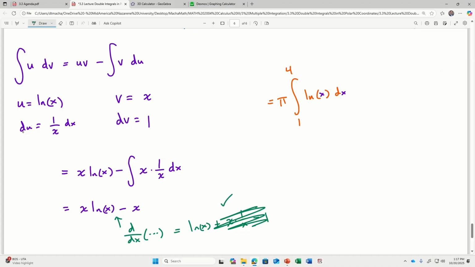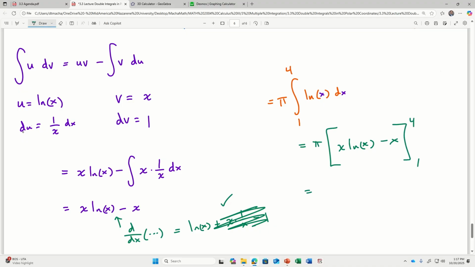So anyways, we were taking this antiderivative from 1 to 4. And the antiderivative of the natural log, it turns out, must be x natural log of x minus x from 1 to 4.